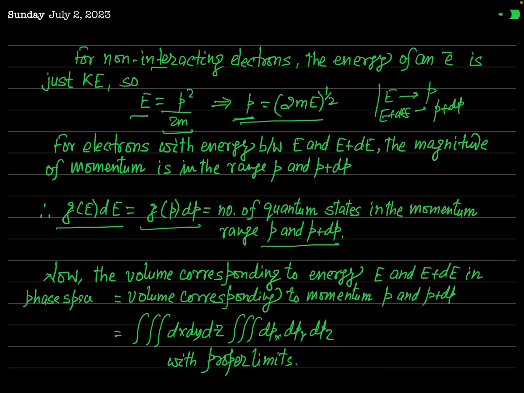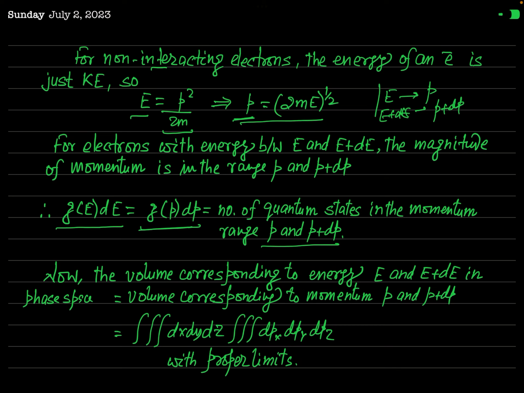Now, for getting the value of this density of states, as I have told you earlier, you have to find the volume in phase space for energy between E and E plus dE, or momentum between p and p plus dp. You know that the volume in phase space is simply a product of the volume in position space and the volume in momentum space.